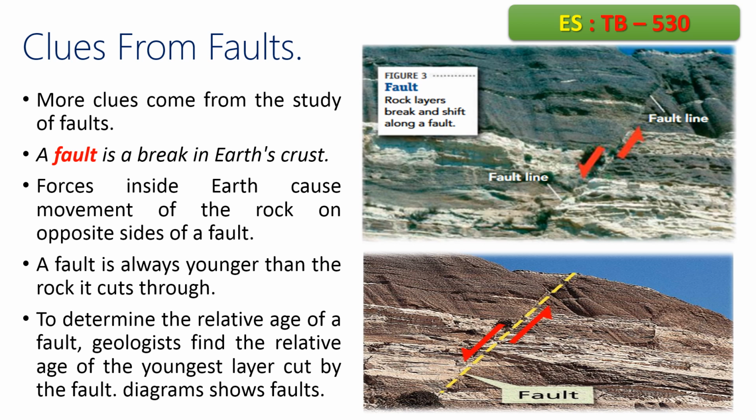Scientists want to find the relative age of a fault. First, they find the relative age of the youngest layer cut by the fault, and they compare it with the oldest layer in such a way that they find the relative age of the fault.